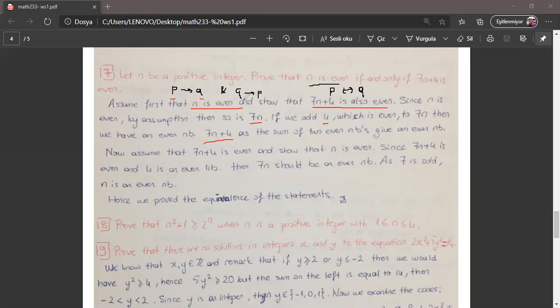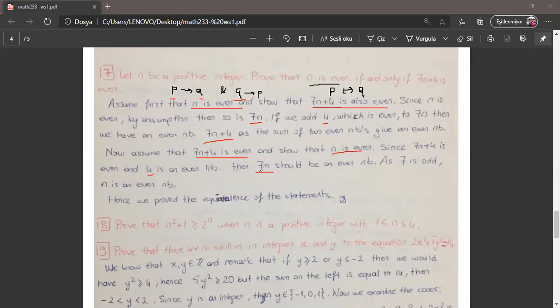Now we'll show this part. We assume Q now, which is 7n plus 4 is even. Now we show P, which is n is even. P here, Q here. We assume this. Again, if it's even, by assumption we know it, and as 4 is even, then this should be even.